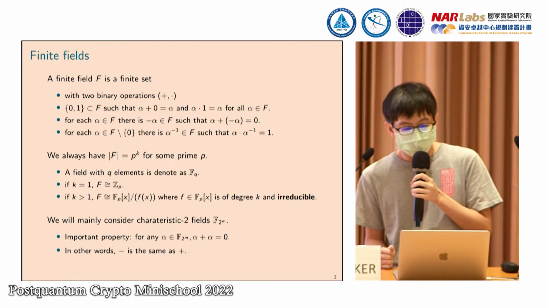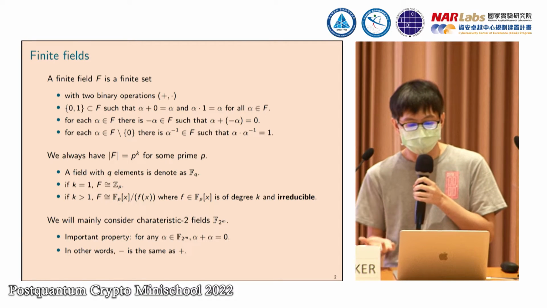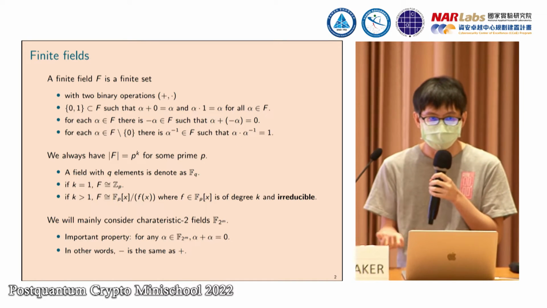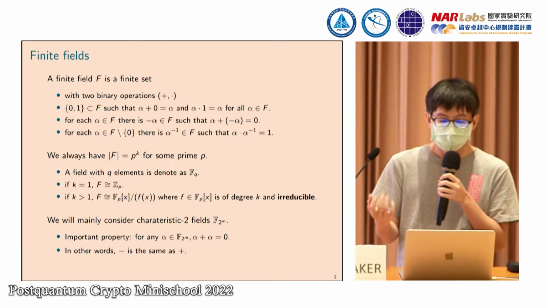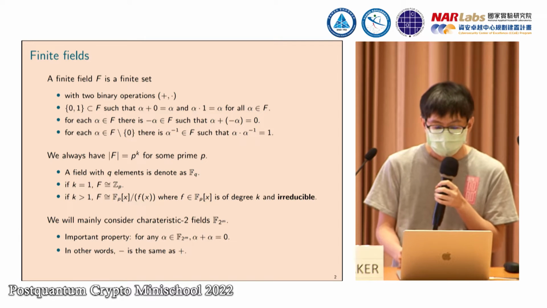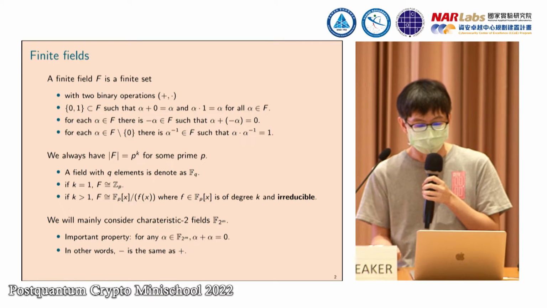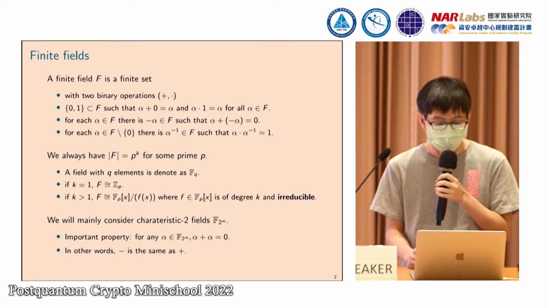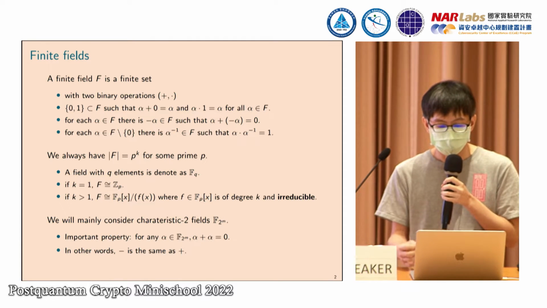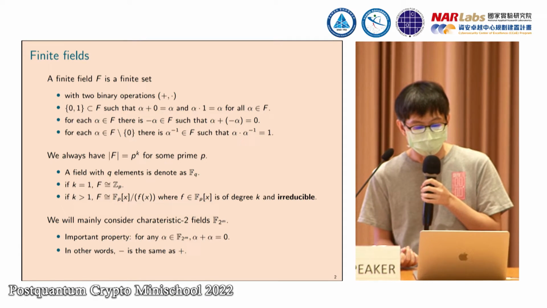In the case when k equals 1, the structure is the same as Z_p. Z_p is basically, we can imagine that you're doing integer multiplications and integer additions, but when you compute the result, you do modulo p in the end. And when k is greater than 1, the structure is equal to F_p[x] over f(x), where f is an irreducible polynomial over F_p.